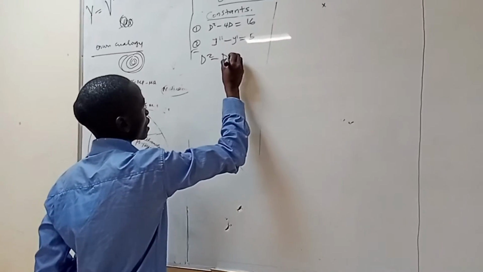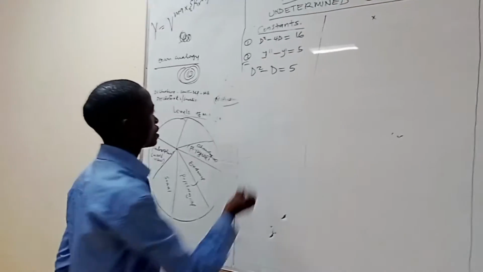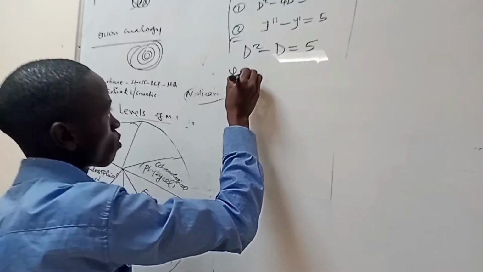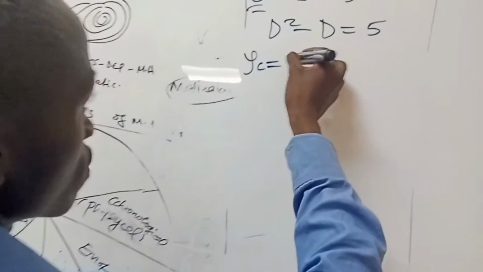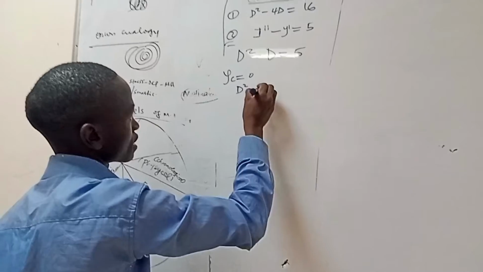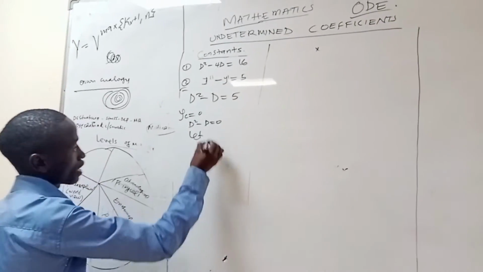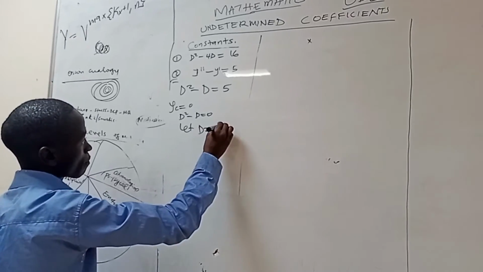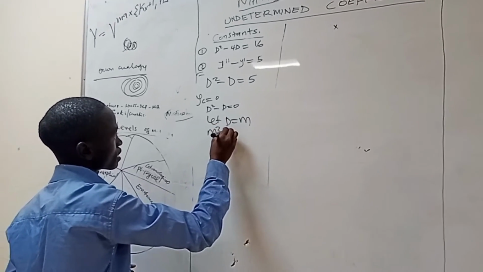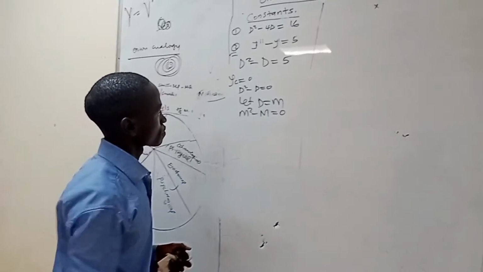So D is equal to 5. On this side, which is now your y complement, you will just equate with 0. So this will be just D squared minus D equal to 0. But just let your D be m, so it is m squared minus m is equal to 0.